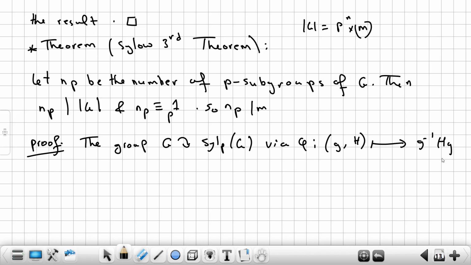Okay, so we consider the action phi of G on Syl_p(G) defined as you see here, and we will apply Sylow's second theorem, and we will complete it the second time.